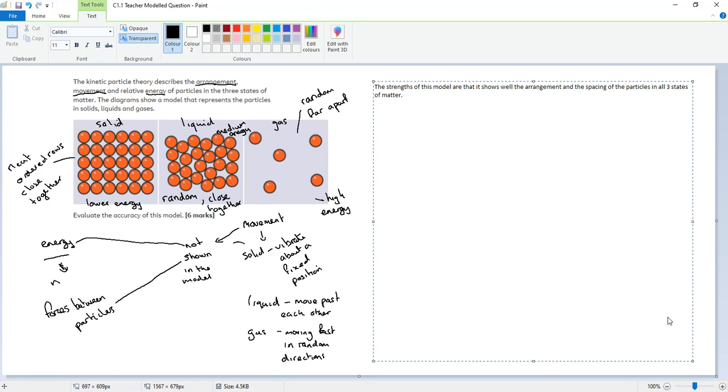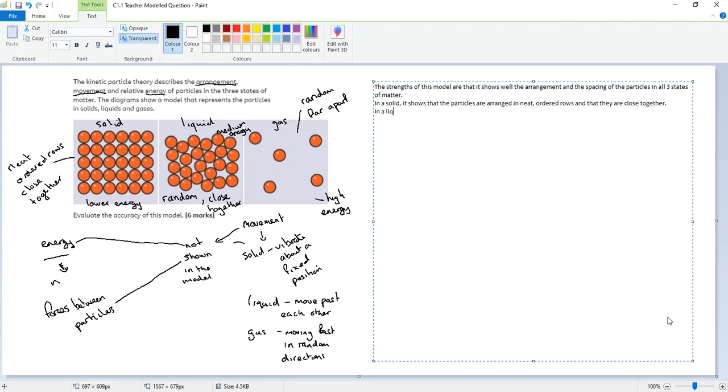And then we need to explain in more detail. So in a solid, let's start a new paragraph there. So in a solid, it shows that the particles are arranged in neat ordered rows and that they are close together.